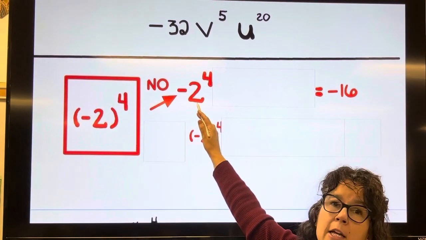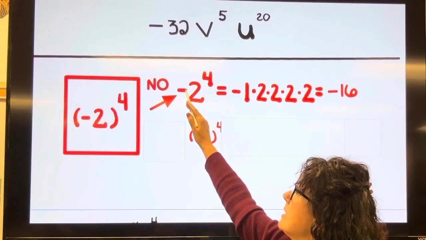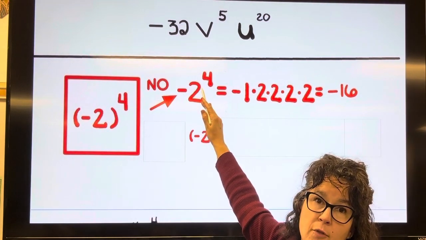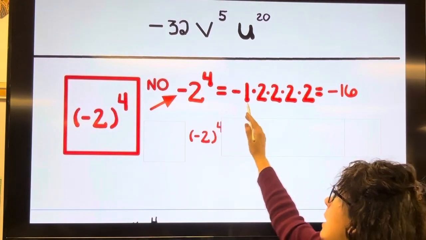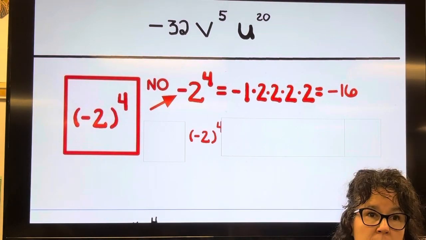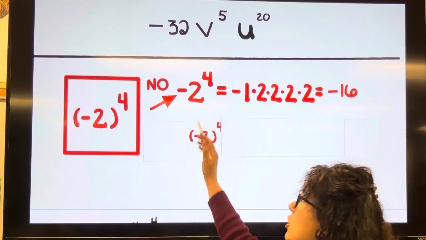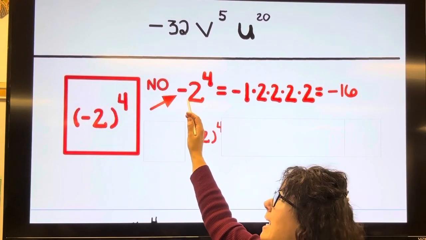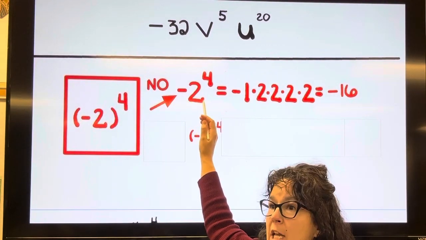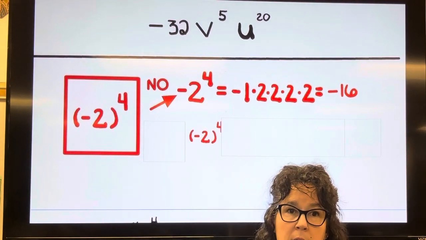Because what your calculator sees here is -1 multiplied by 2 to the 4th. -1 times 2 times 2 times 2 times 2, so it gets a negative. Order of operations says we do exponents before multiplication. So if I write this as -1 multiplied by 2 to the 4th, your calculator is taking 2 to the 4th first and then multiplying by the -1.